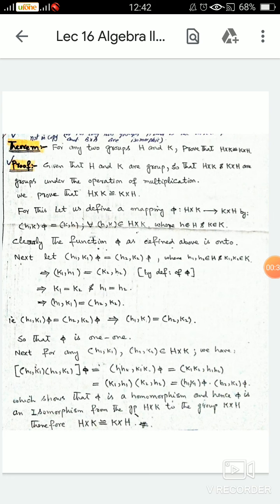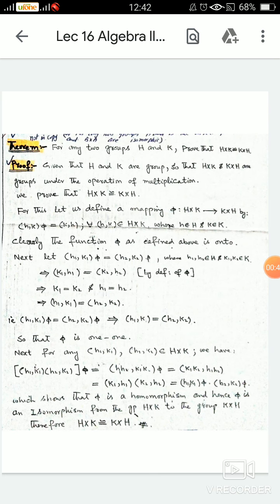We prove that H cross K is isomorphic to K cross H. For this, let us define a mapping phi from H cross K to K cross H by phi of the ordered pair (h, k) equal to (k, h) for all (h, k) belonging to H cross K, where h belongs to the subgroup H and k belongs to the subgroup K.